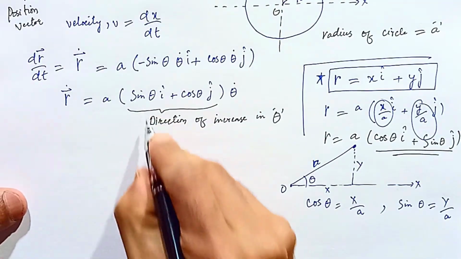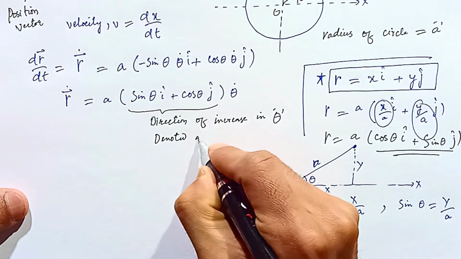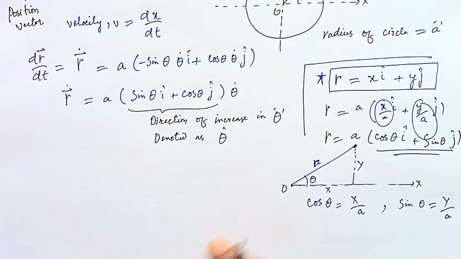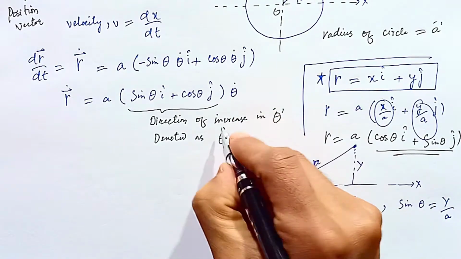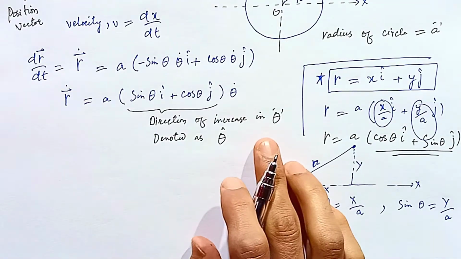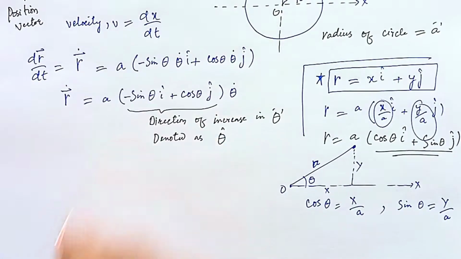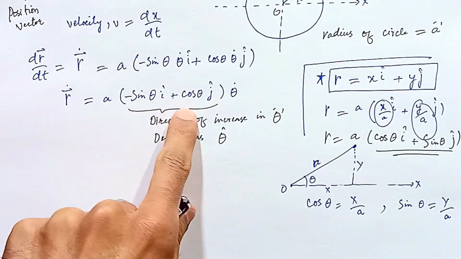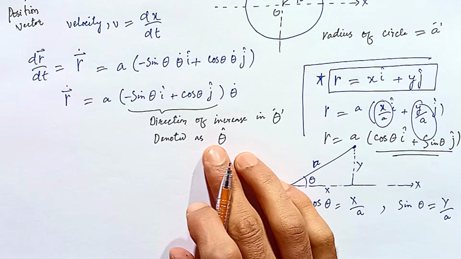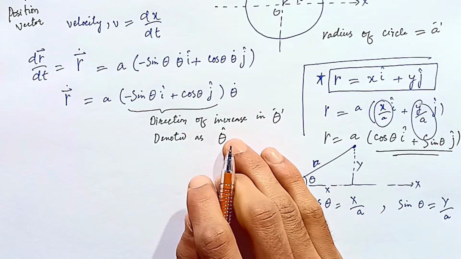We can represent it as the unit vector theta hat. This component, minus sine of theta and plus cosine of theta, gives the change in the angle theta, and is represented by theta hat.